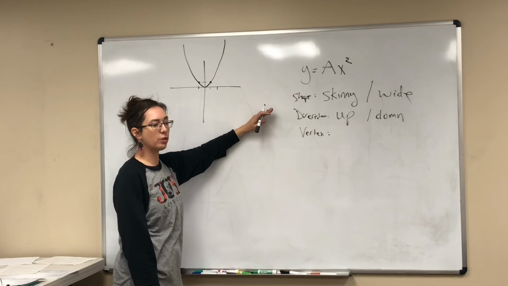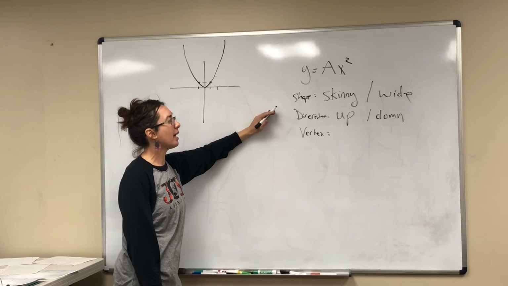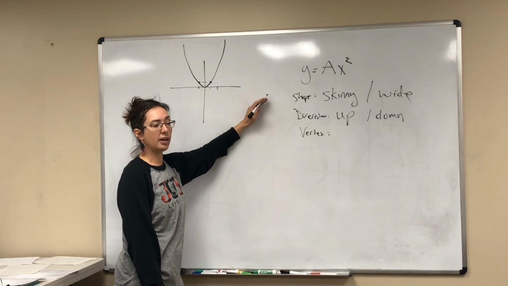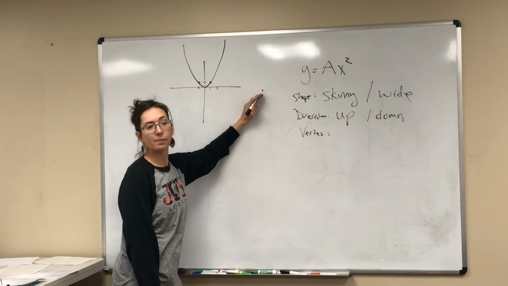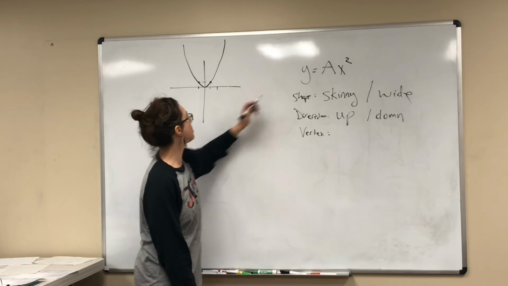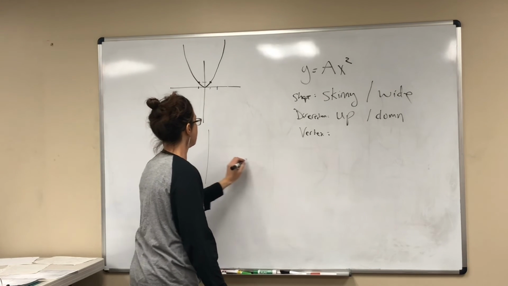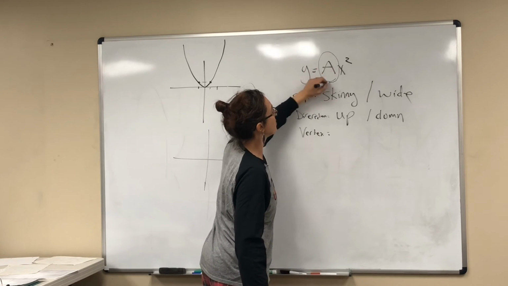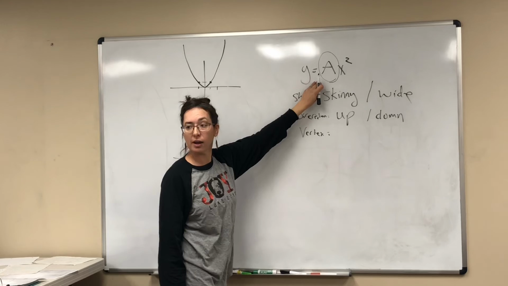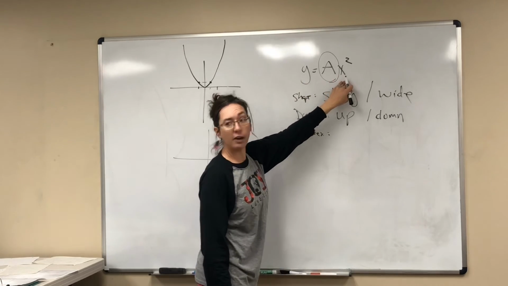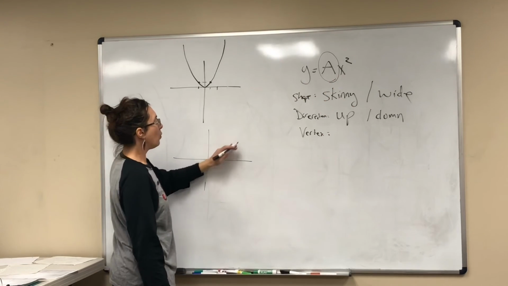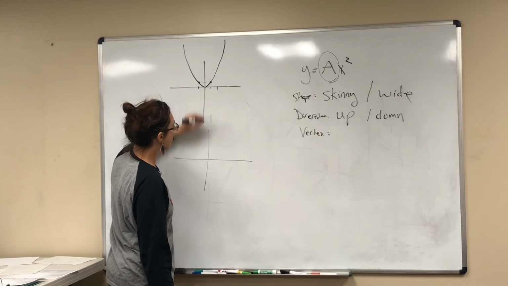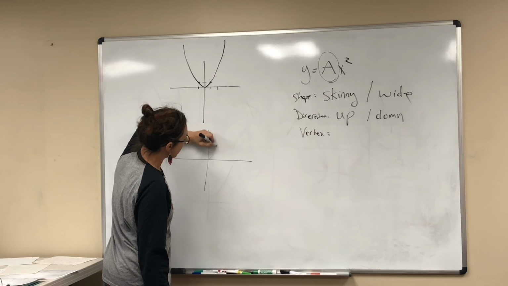We went from a standard 45, and if now I have y equals 2x, my line got steeper. The same thing happens with a parabola in a quadratic equation. When our a value, remember the coefficient of our first variable, same with a line, when our coefficient gets higher, our line gets steeper.